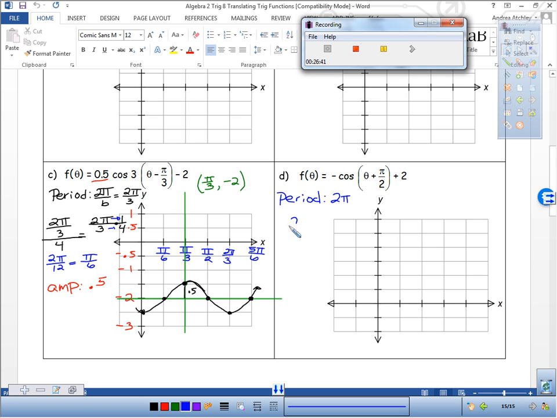Then we're going to divide that by 4 to see what we're going to count by, which is pi over 2. So this is going to be pi over 2, then pi, then 3 pi over 2, then 2 pi, then 2.5 pi, so that's okay. 3 pi over 2, 4 pi over 2, 5 pi over 2.